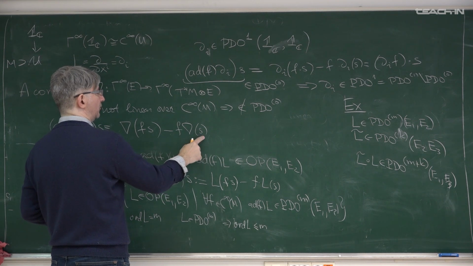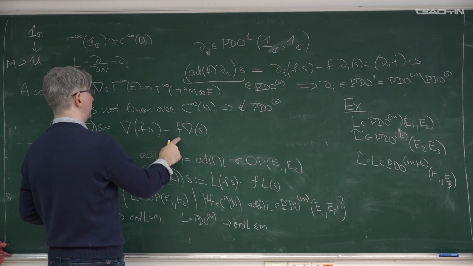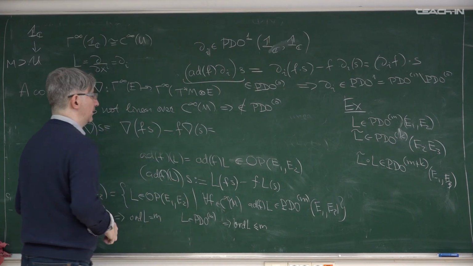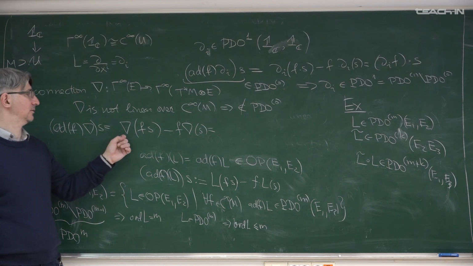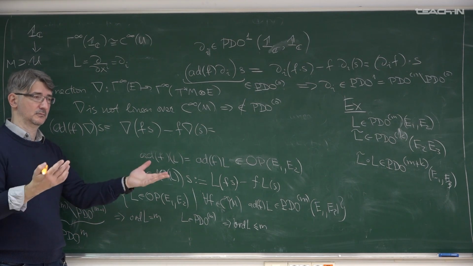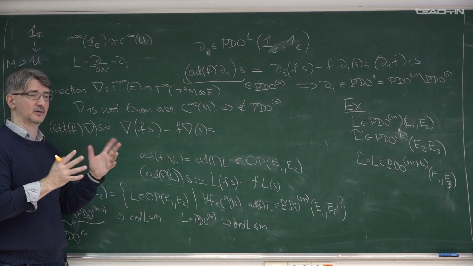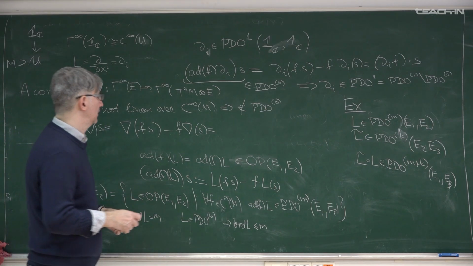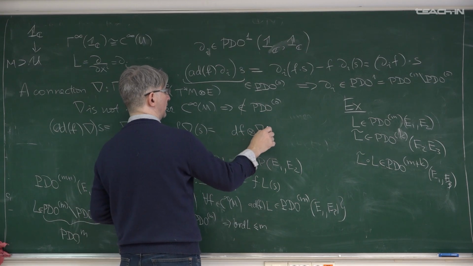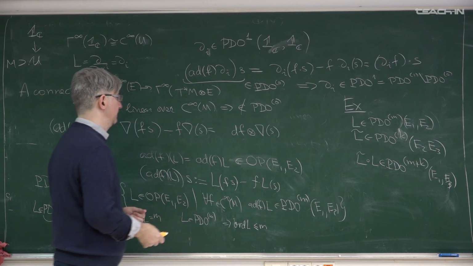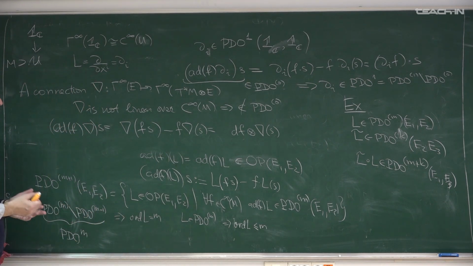Again, nabla s is a section and f is a function. In the axioms of nabla there was a formula which gives us the possibility to rewrite it by a kind of Leibniz formula. We obtain df tensor s plus f nabla s. Is it okay?